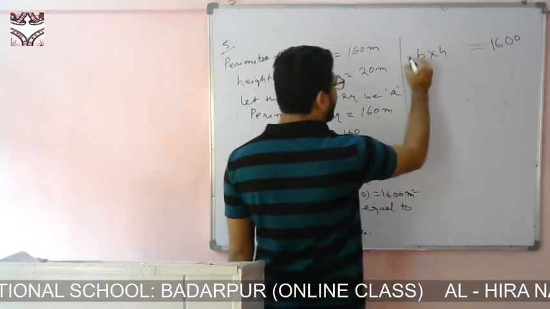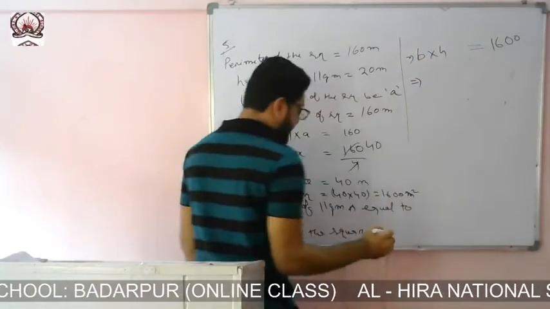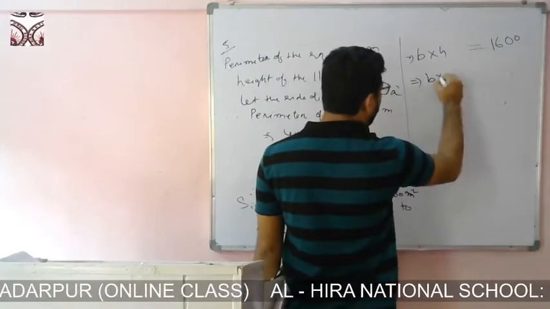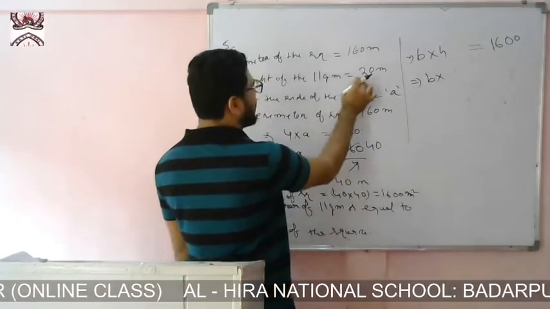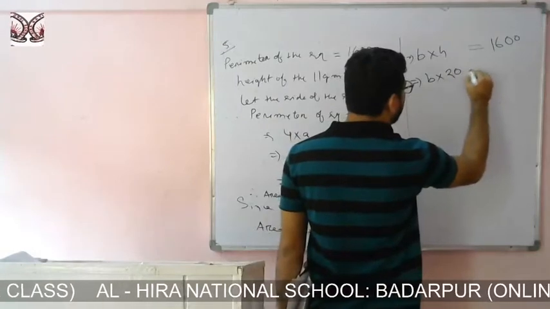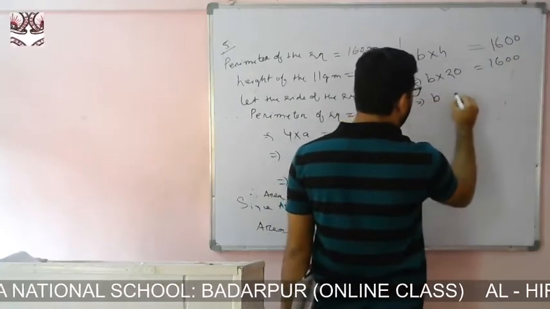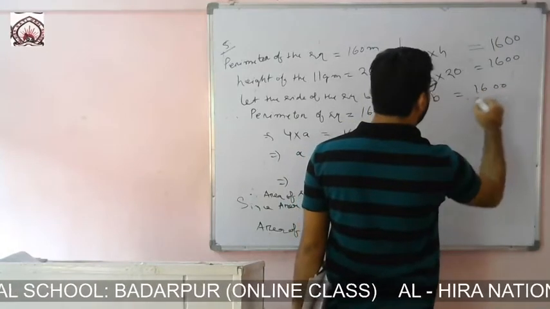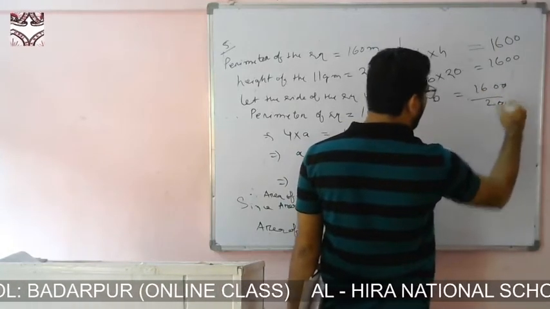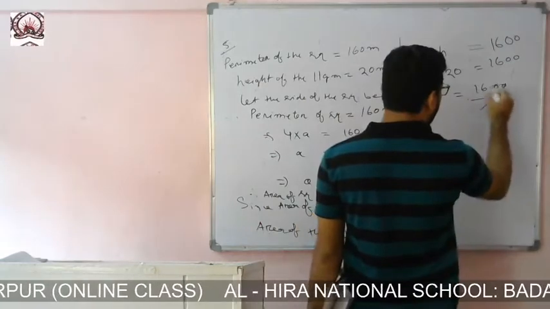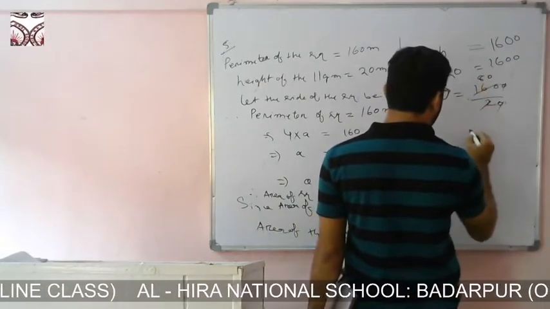So now we can find the base. The height is given, 20 meter. So the base will be 1600 by 20. We cancel a 10, then 80.